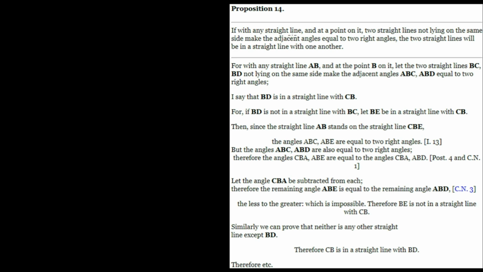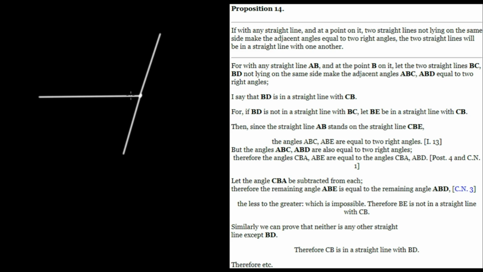If with any straight line, and at a point on it, two straight lines not lying on the same side make the adjacent angles equal to two right angles, the two straight lines will be in the straight line with one another. So in terms of the diagram, what he's saying is that if we start with some point, let's say this is our point of interest, and let's say we've got some line over here, and another line down here.